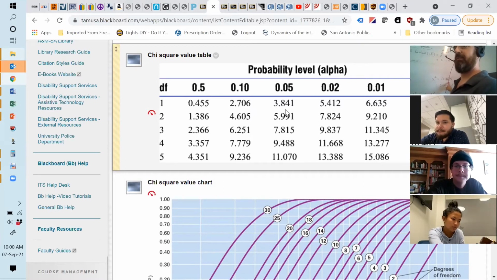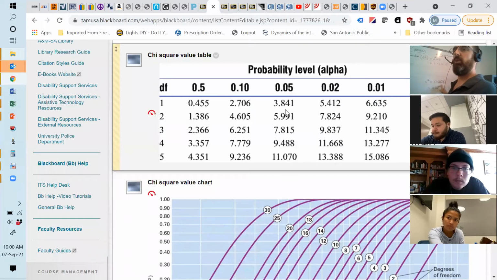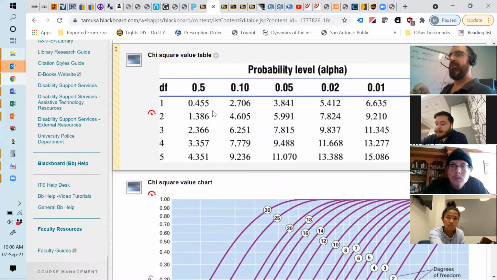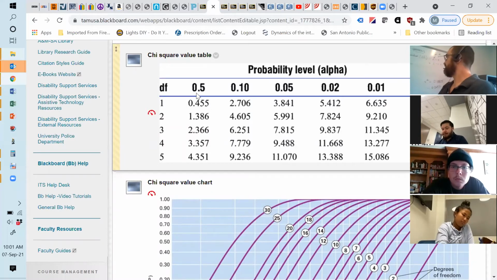Smaller. It's a lot smaller, in fact. It's smaller than the smallest number that we actually have on the chart, which is great. So that means the p-value is greater than 0.5 for this chi-squared value.